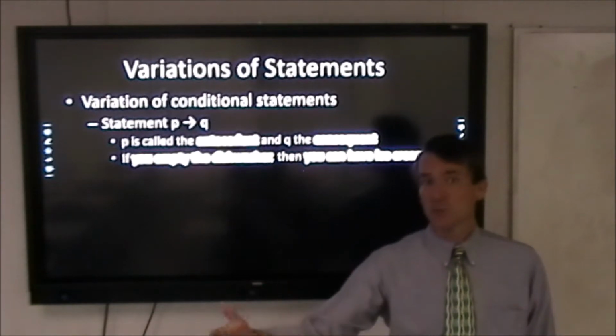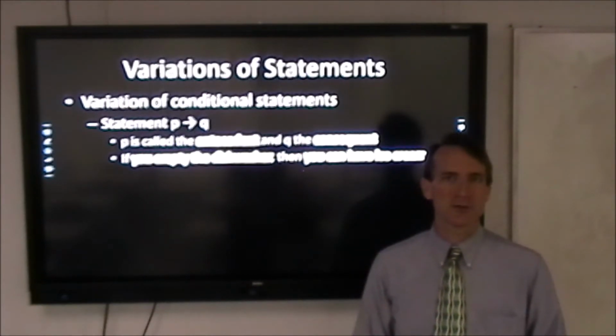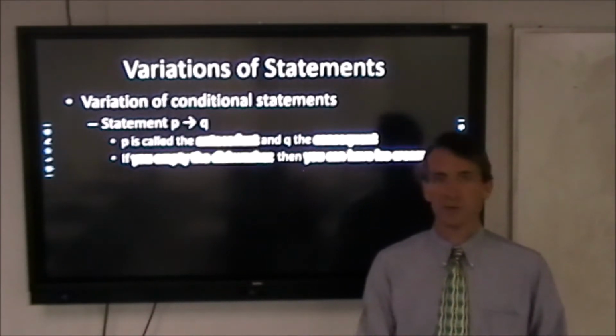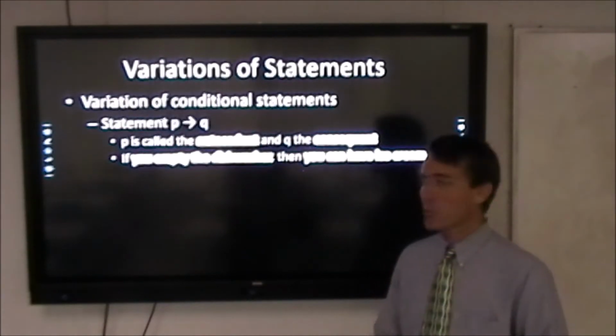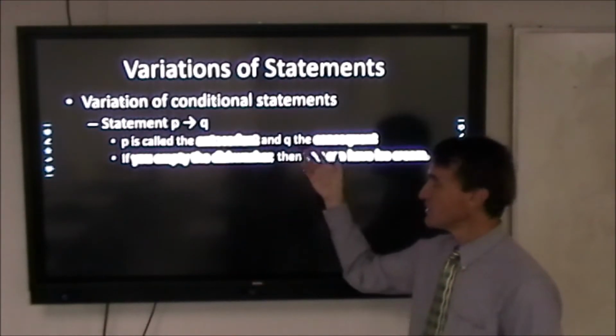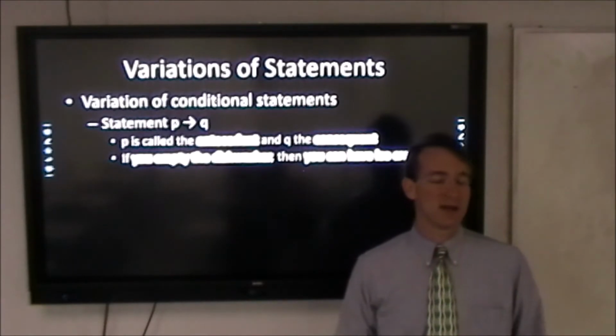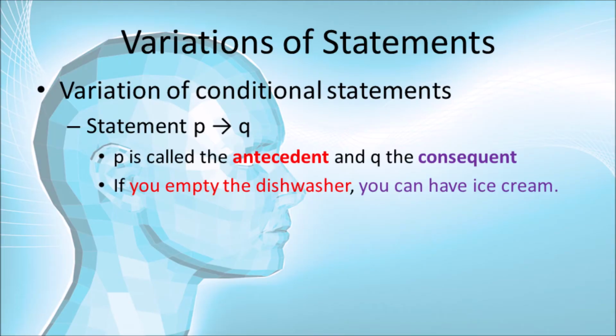And that this will happen is the consequence of you not doing what you're supposed to do. The if portion is called the antecedent, the Q portion is the consequent. In our example of if you empty the dishwasher, then you can have ice cream, you emptying the dishwasher is the antecedent, and you having ice cream is then the consequence.